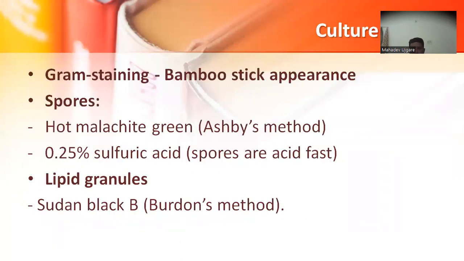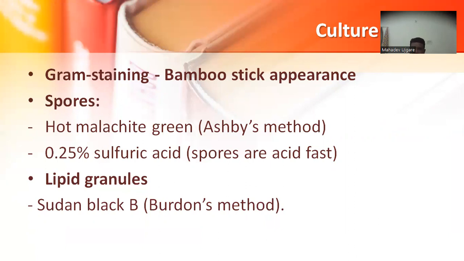So, we first see what type of growth is produced, and then we do staining. In Gram staining, you will get the characteristic bamboo stick appearance.